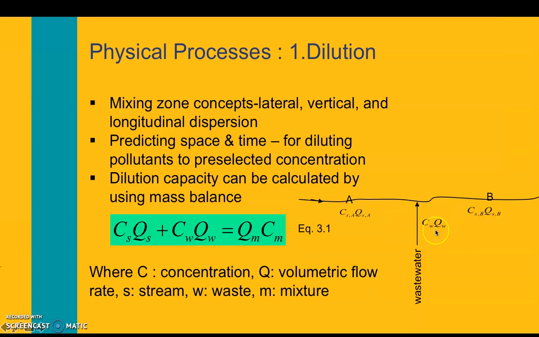From this equation, you can see that S stands for the stream, W is for the waste stream, while M is the mixture that contributes after the wastewater discharges into the stream, which in this diagram is at point B.